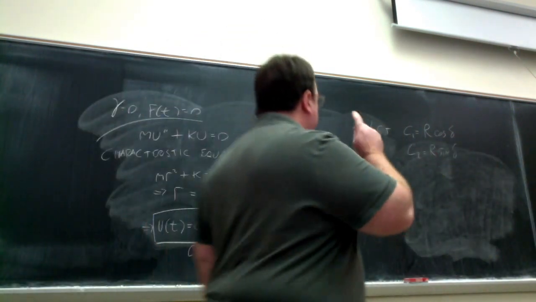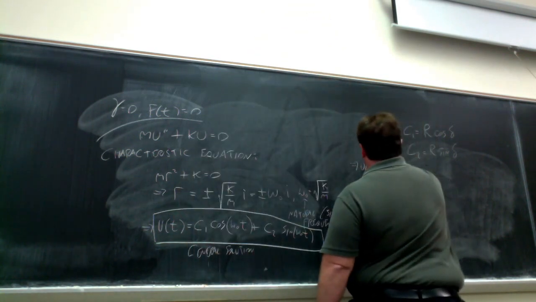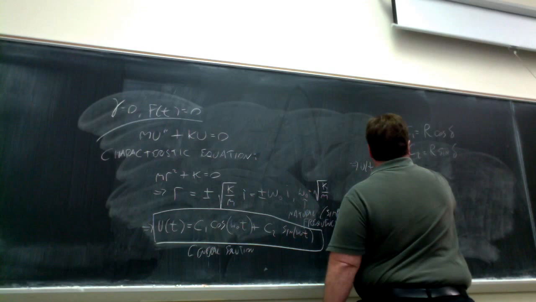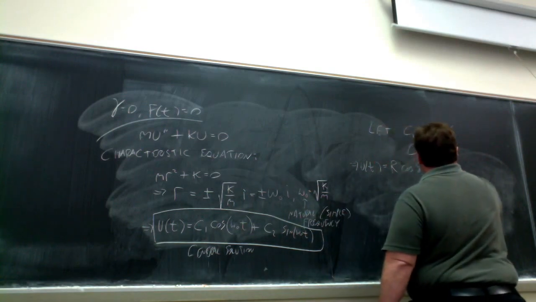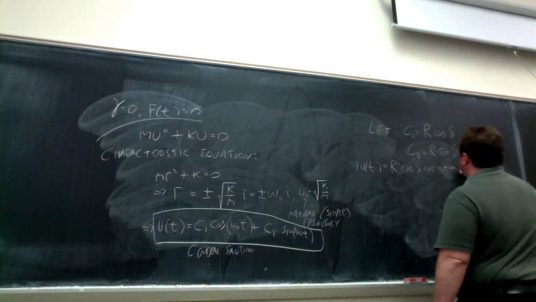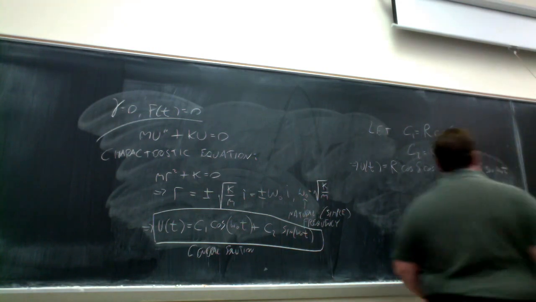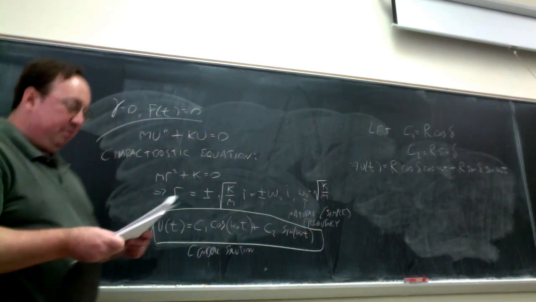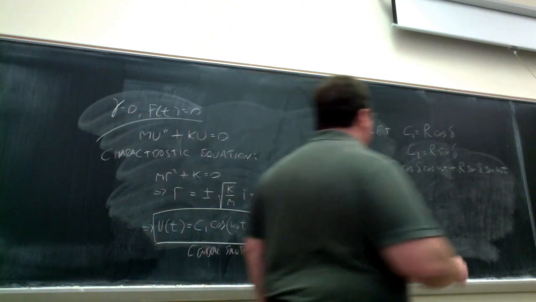And I'm going to plug those into my solution. So u(t) is R cosine delta cosine omega naught t plus R sine delta sine omega naught t. The reason I'm doing that, seems like a strange thing to do, is it sets me up to be able to use a trigonometric identity.